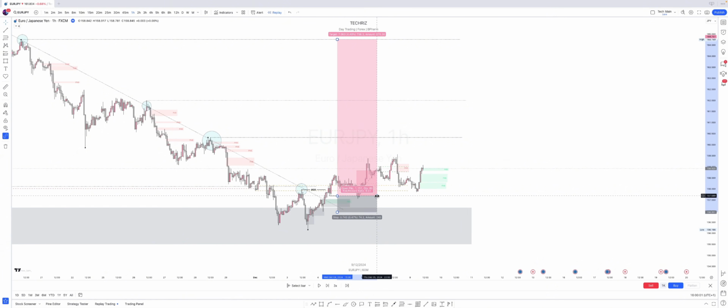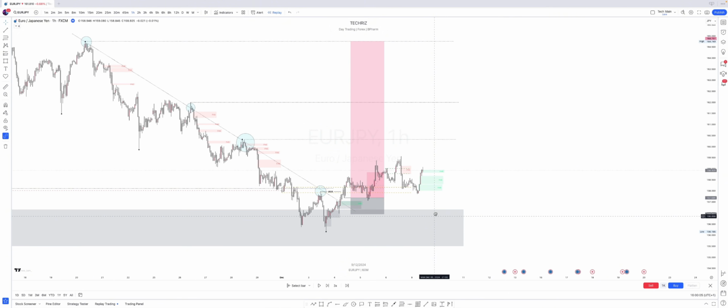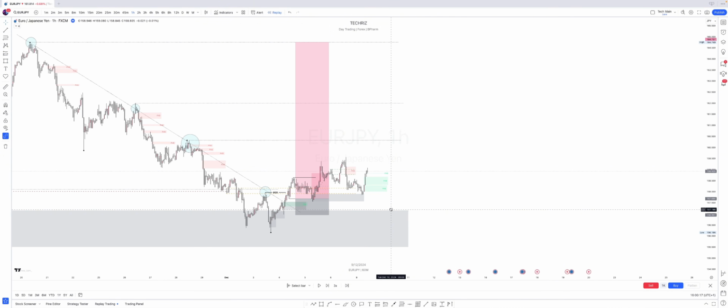This first tap has been established, and you can see the second break. The second break also brought an entry, another block entry. You can see that, very neat.